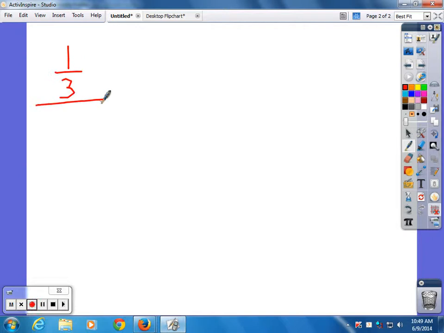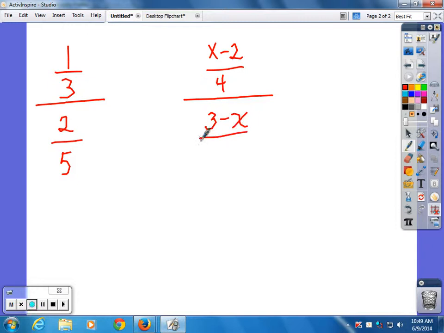One-third divided by 2/5. All right? This is a number, a term, one term, one term. You can flip it and multiply, just like we did a while ago, x minus 2 over 4 over 3 minus x over 2.